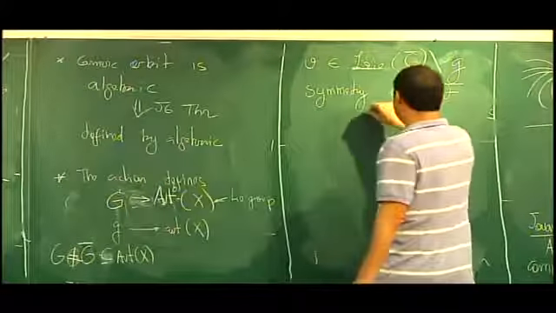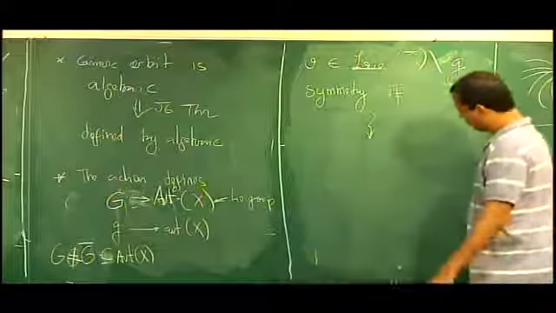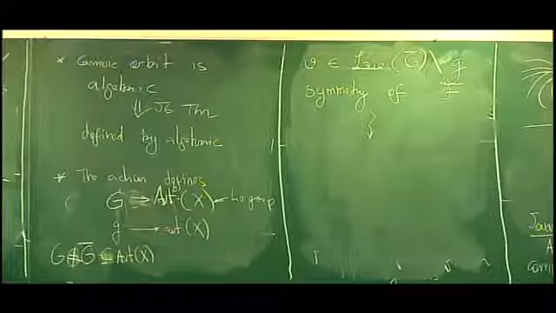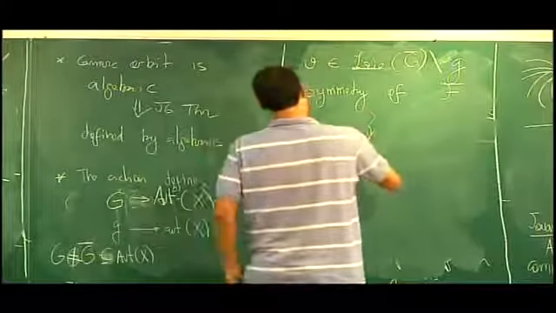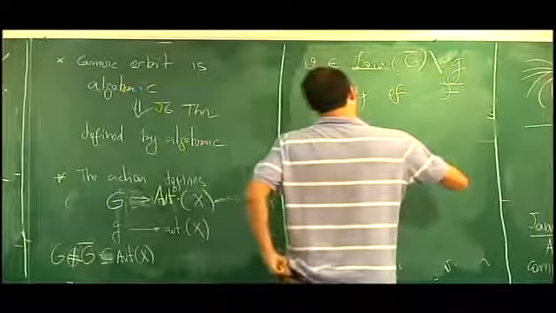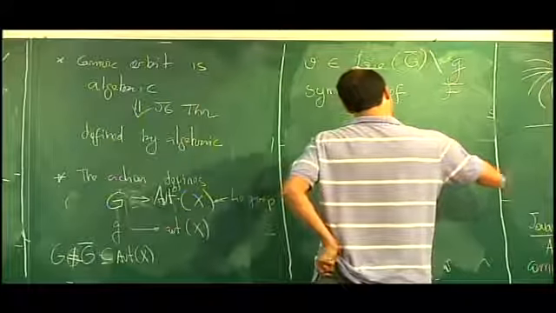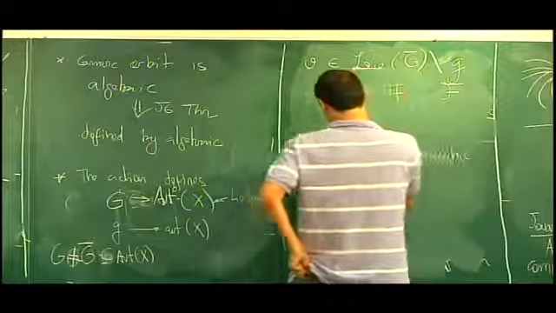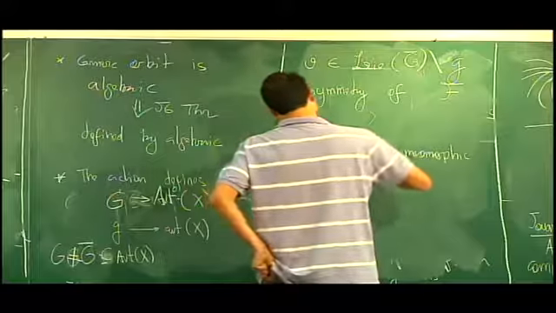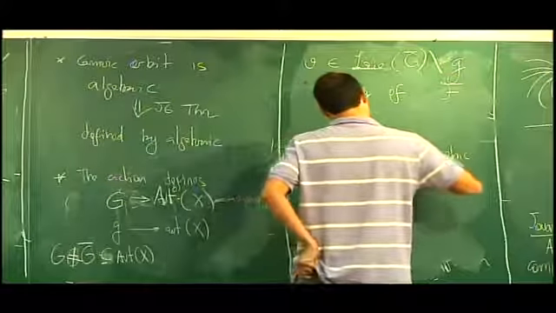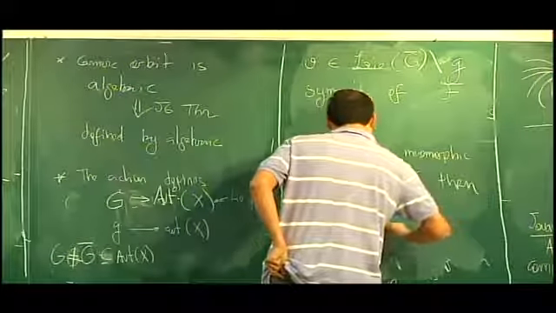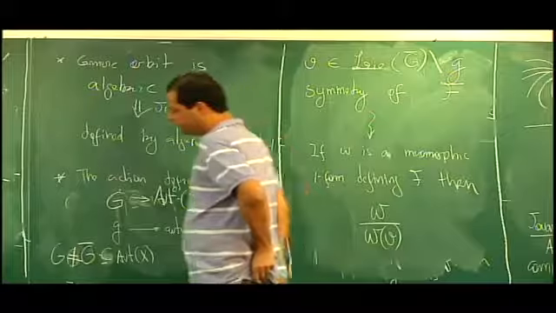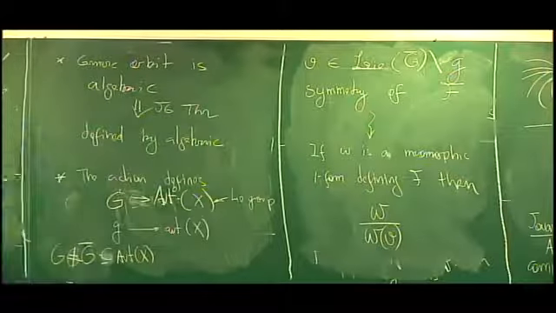And a very, very old computation, essentially due to Lie, shows that if omega is a meromorphic one form defining F, then omega divided by the interior product of omega and this infinitesimal symmetry is closed.